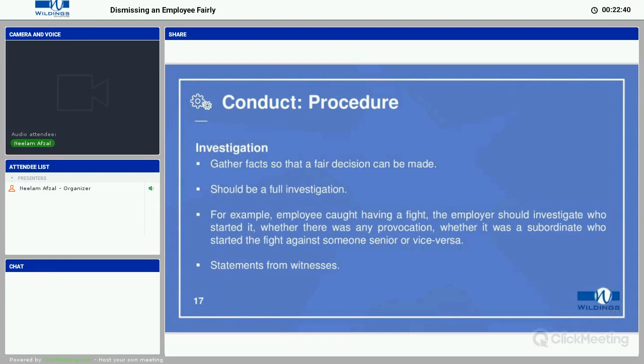An employer may look at this and say, well, actually, it's the employee's fault. I've caught this person fighting, but the employer should investigate it. Was there any provocation? Was it with a subordinate who started the fight or someone senior, and vice versa? So go further and have a look at the facts. Take statements from the individuals, from witnesses, and particularly a statement from the employee concerned.